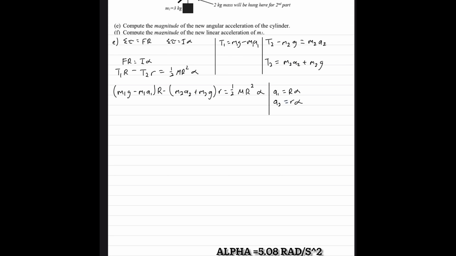So I'll substitute that in. Lowercase r. Okay. Factor the radius.